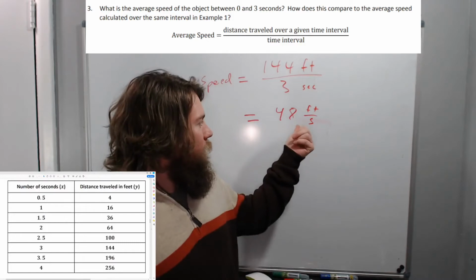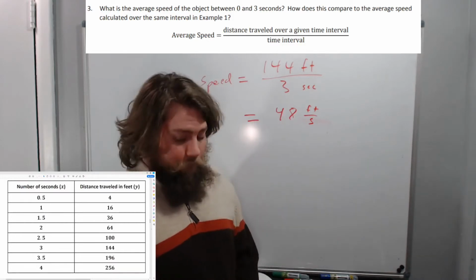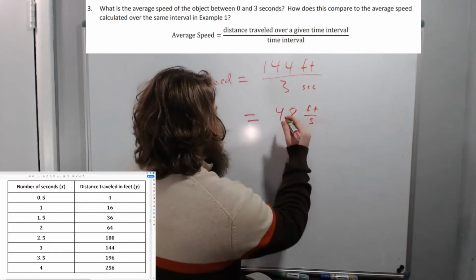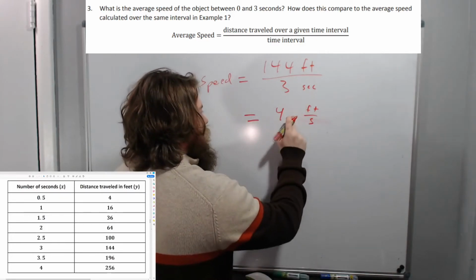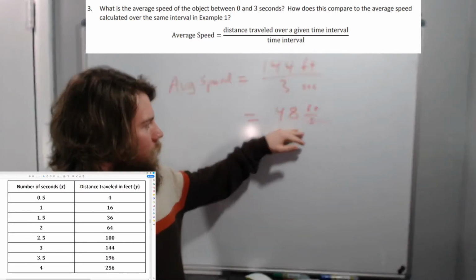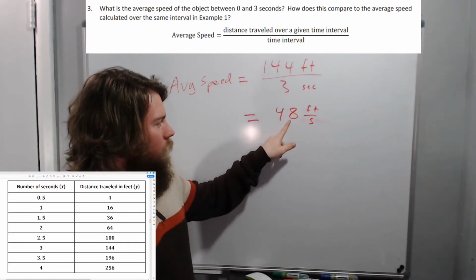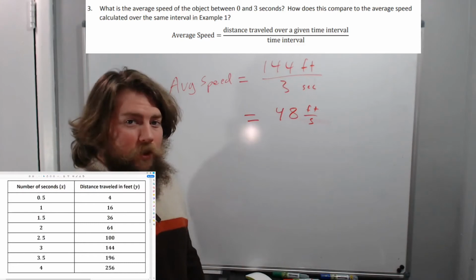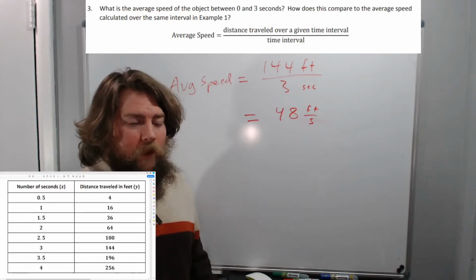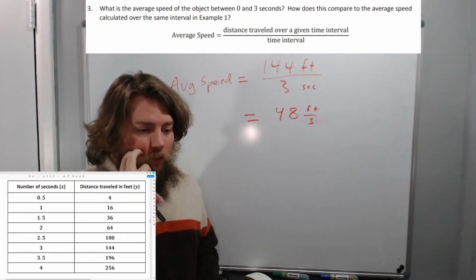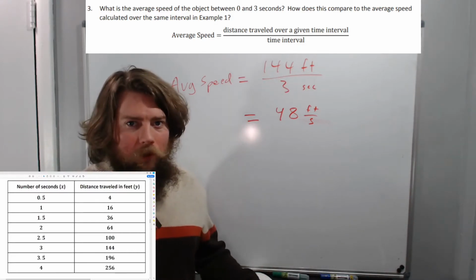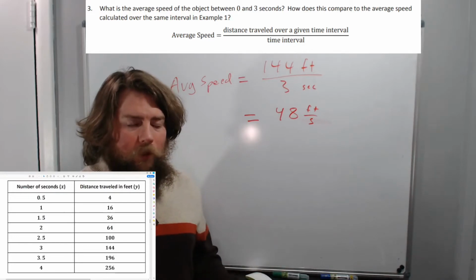So that was different than this one. Somehow this one is going a little bit slower in the first 3 seconds than if it had constant speed. In example 1, the average speed over any time interval was 64 feet per second.